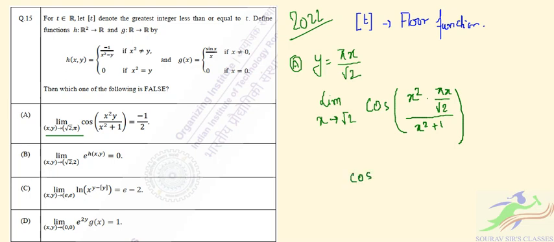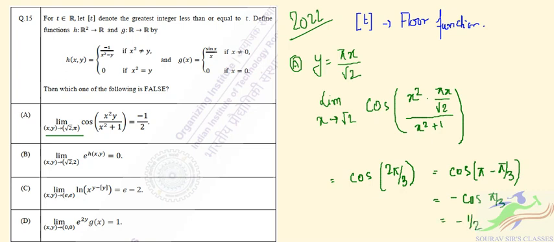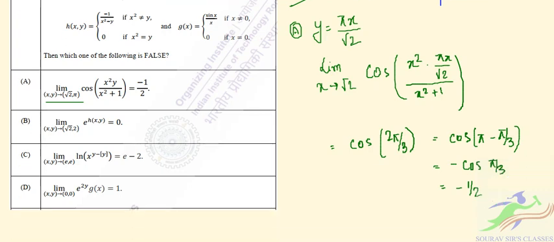It will be cos of 2 pi by 3. From there we can write it as cos of pi minus pi by 3. So cos of pi minus pi by 3 is in the second quadrant, so it is minus cos of pi by 3, and cos pi by 3 is half, so it will be minus half. So option A is not false, so it is a correct option.